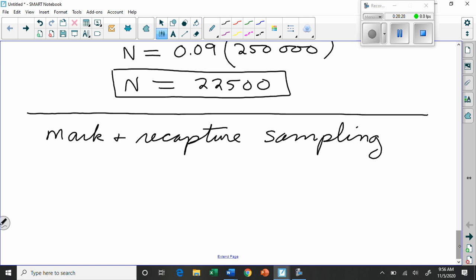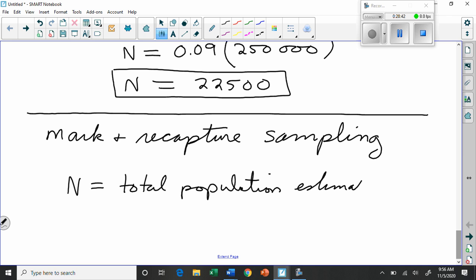All right, so we need some letters here. So N is the total population estimate that we're trying to figure out from our sample. But we are also going to have to capture some animals and mark them.